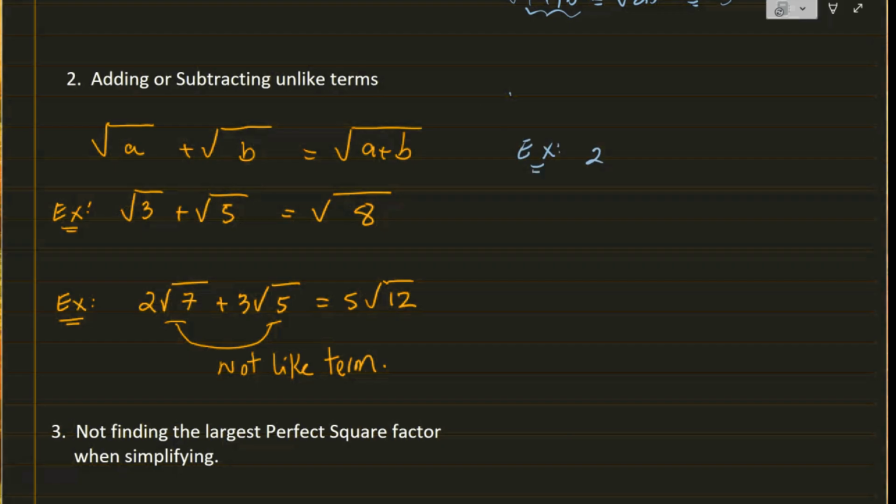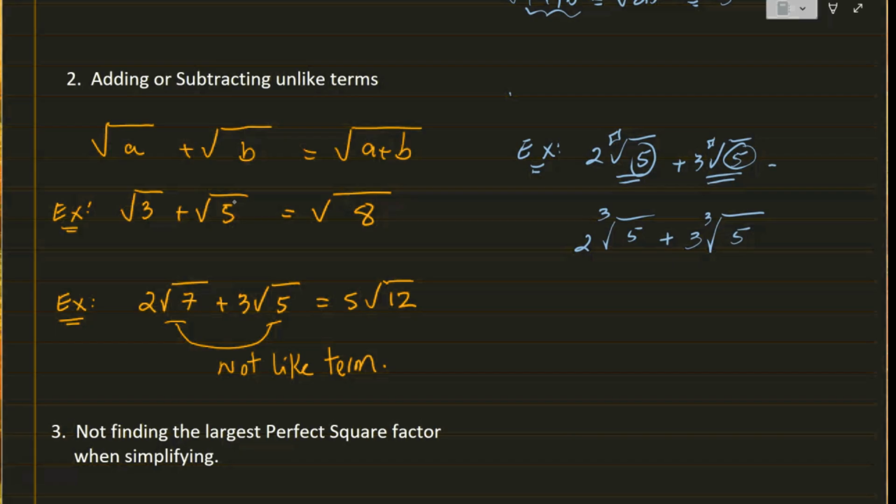If you have 2 root 5 plus 3 root 5, you have root 5 and root 5. That means not only are the radicands the same, 5 and 5, but the index is the same right here. That is, both of them are square roots. If this was 2 cube root of 5 plus 3 cube root of 5, they're considered like terms again, so you can add them.